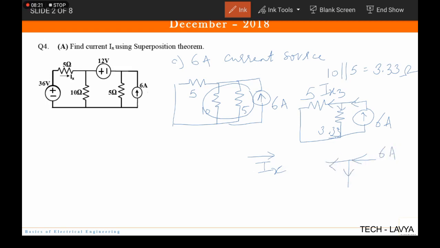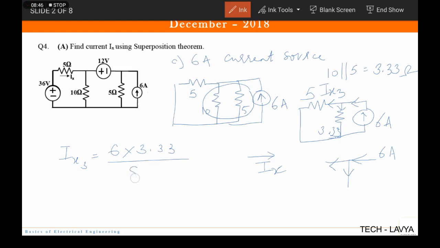So again we'll be making use of the current division rule. That is going to be the total current multiplied by the opposite branch divided by the total resistance.